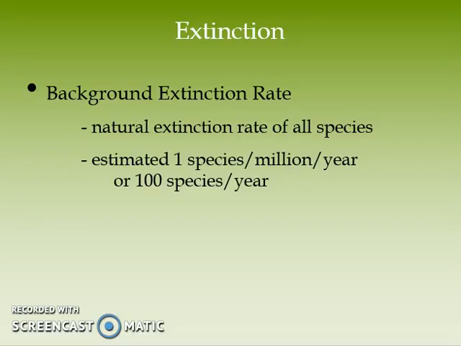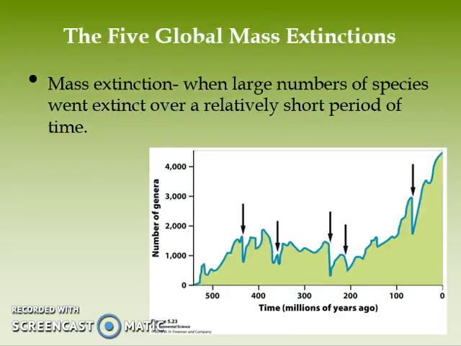There is a normal extinction rate, what we call the background extinction rate, which means basically one species for every million species dies each year, or about 100 species per year if there are 10 million species considered on our planet, or 100 million.